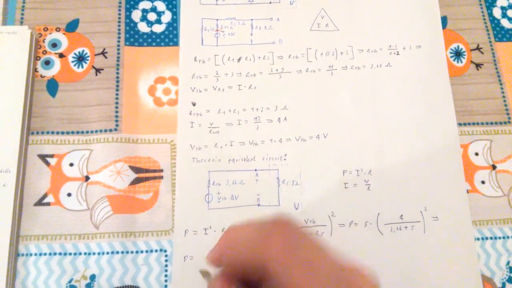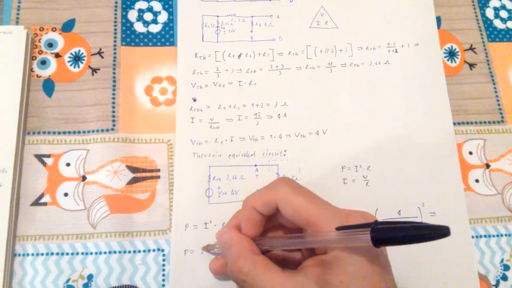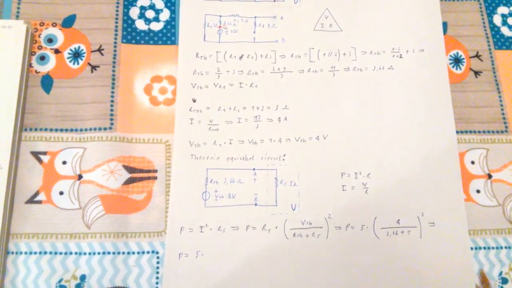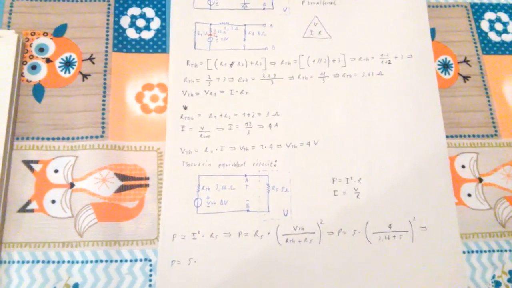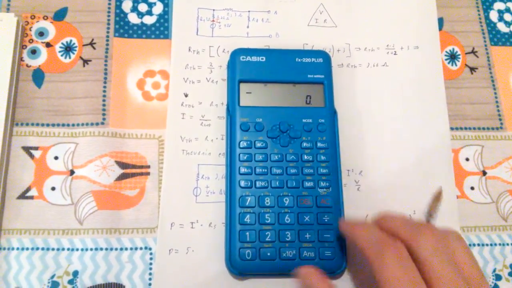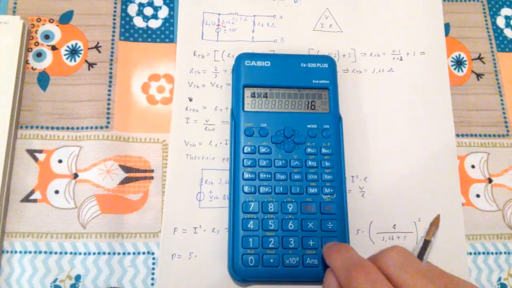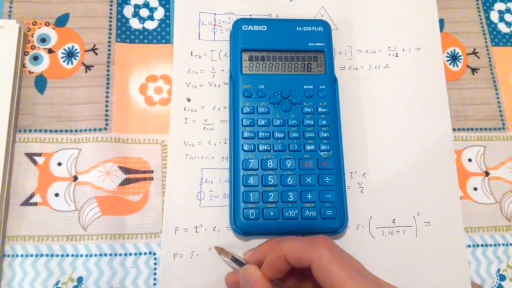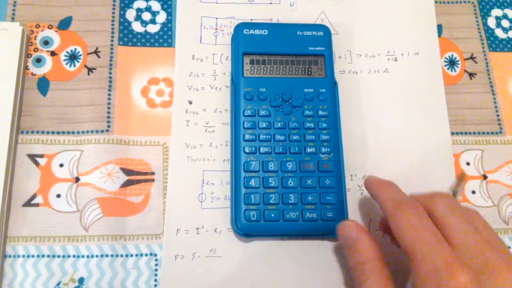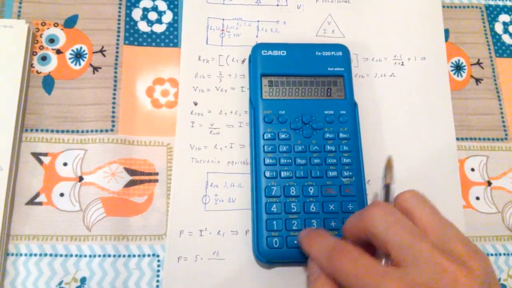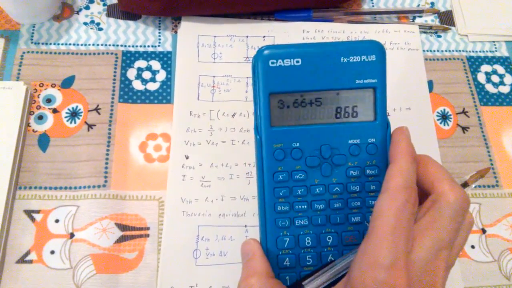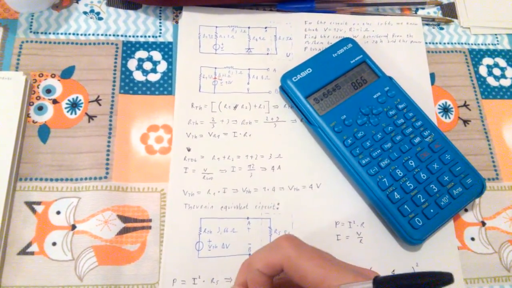So P is 5 times, well, we have 4 times 4, which is 16, over 3.66 plus 5, which is just 8.66, of course.